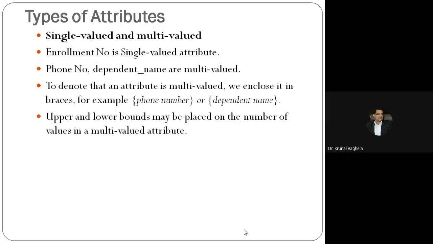Because when you are designing the database, you need to specify all this: whether my column or attribute is single valued, so I should enter only one value, or whether multiple values are also possible. To denote a multi-valued attribute, we enclose it in curly braces. See, like this. If your attribute is multi-valued, in the ER diagram, we'll see, the last point is the diagram, we'll see that phone number is a multi-valued attribute.